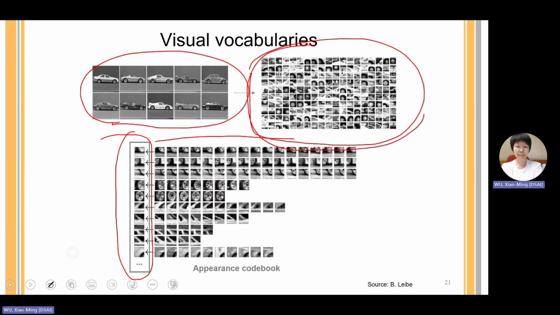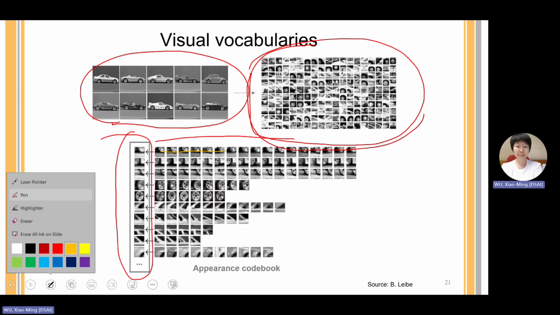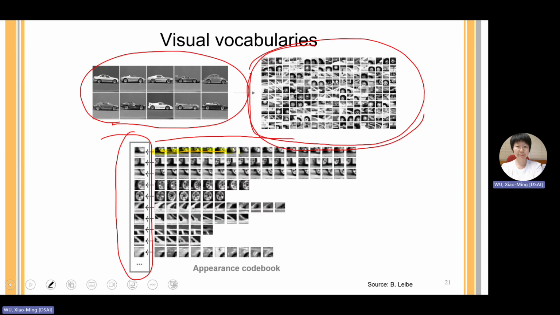As you can see, this cluster is composed of these image patches because they have similar appearance. And this cluster is composed of these images because they all have similar appearance. And their average is considered a visual word.